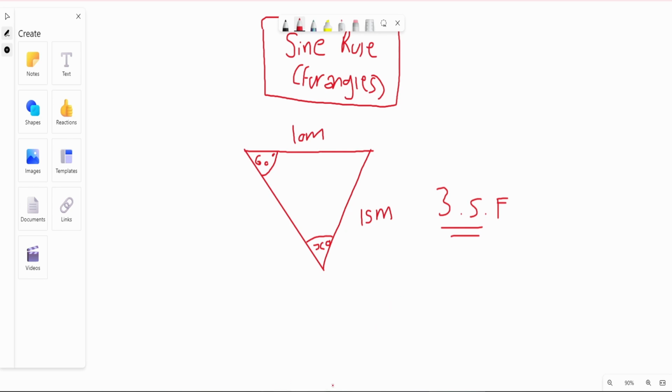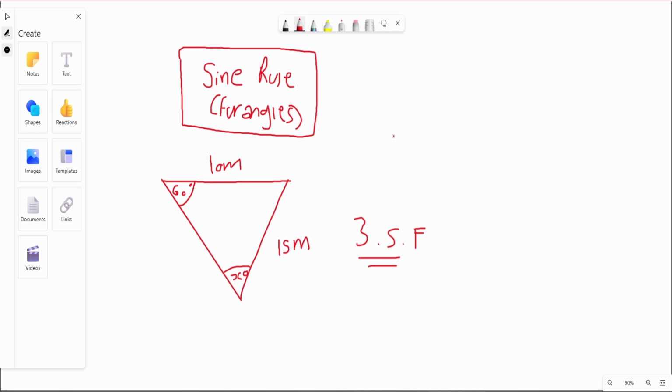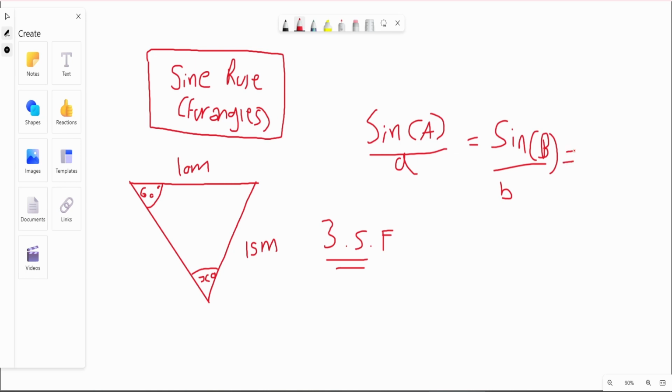So this time we will use another rule specifically for angles. This rule states that the sine of an angle divided by the side length is equal to sine of another angle divided by another side length, is equal to sine of another angle divided by another side length.